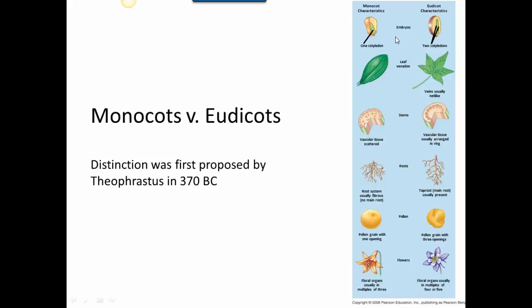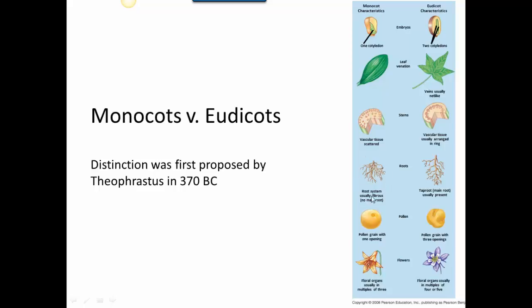Monocots, unlike the dicots, if you look at the embryo, you see that there's just one little seed leaf or cotyledon in the embryo. They don't have net venation. Their veins are parallel. Their vascular bundles are not arranged in a ring in the stem. They're just sort of scattered throughout the stem.